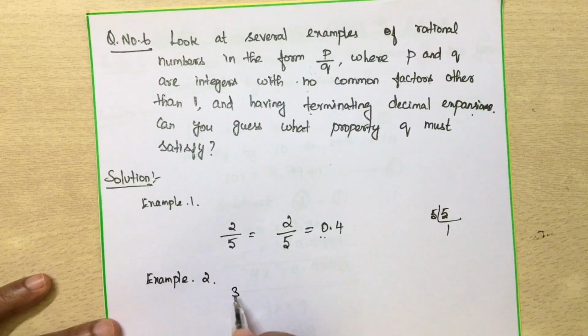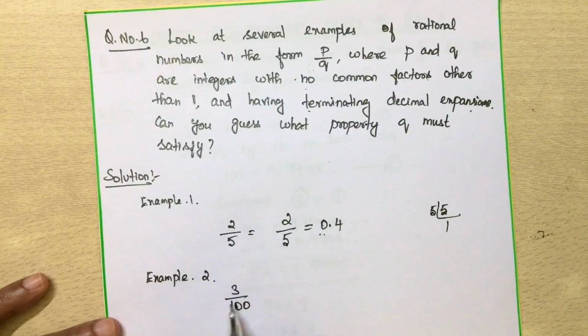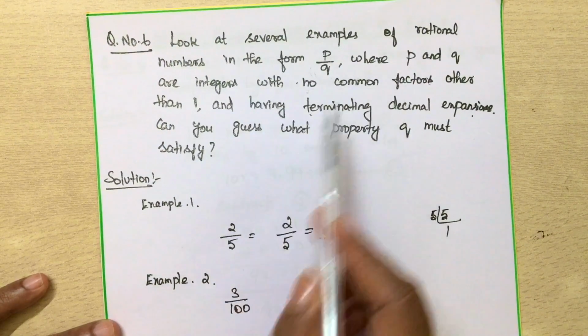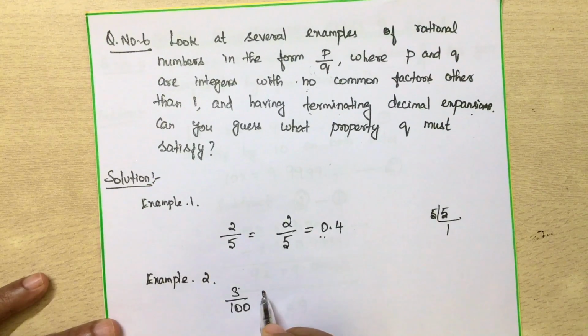Take this number 3 by 100. Check the first condition: there is only 1 as the common factor. Other than that, there is no common factor. Now, is it terminating? Yes, because 3 divided by 100 gives 0.03. This is terminating.